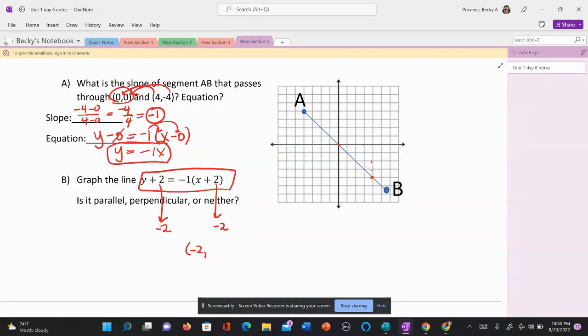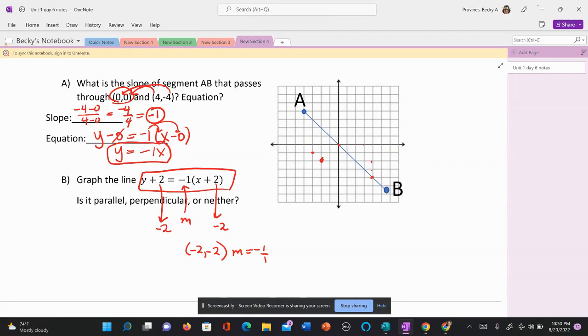So my coordinate is (-2, -2), and this is my slope. So my slope is negative 1 over 1. So we're almost finished. So (-2, -2). And so now my slope is negative 1.